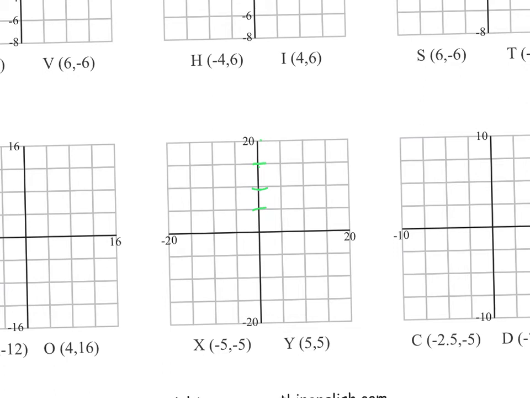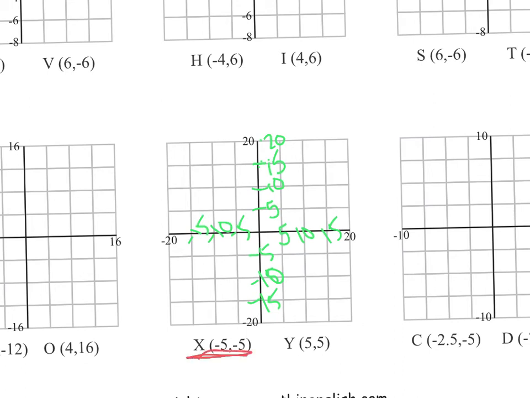So 5, 10, 15, 20, right? 5, 10, 15, 20. So they're all worth 5. So these are going to be positive, and then these are going to be negative, right? Whoops, that should be a 10. That's -5, -10, -15. Should I have them labeled? You don't have to label them. I just did so that you could see what I was doing.